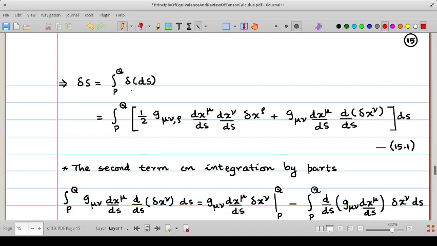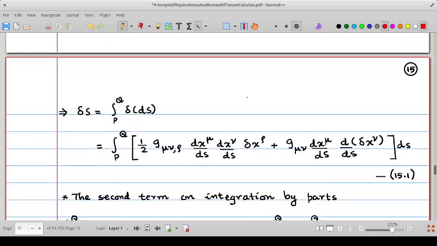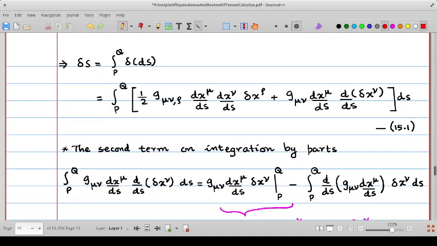And now substituting for delta ds using this expression, we get this to be equal to the integral from P to Q of this factor. Now if we look at this second term over here, there is a factor given by g mu nu dx mu by ds, and the second one is a derivative with respect to s, d by ds of delta x nu.